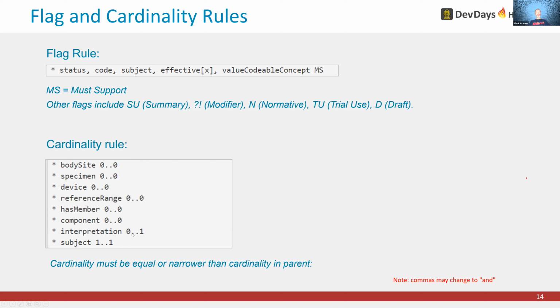Interpretation will have a lower bound of 0, upper bound of 1, and subject will be required and appear only once. And of course, the SUSHI compiler will enforce that cardinalities must be equal or narrower than the cardinality of the parent. So a lot of syntactic rules will be enforced when you run the compiler.